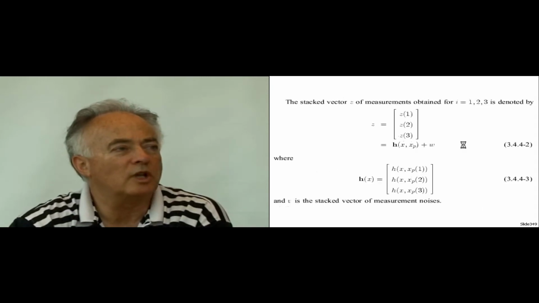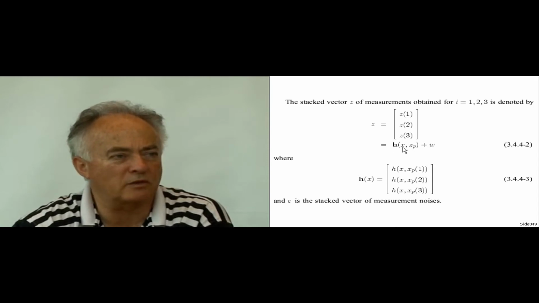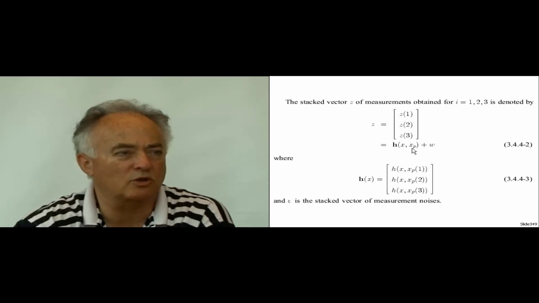So what we do now is take a stacked vector of our 3 measurements and write them as a vector h, boldface, function of x and x platform. We assume we know where the measurements have been taken from. The x platform, where our sensor is located, is known.